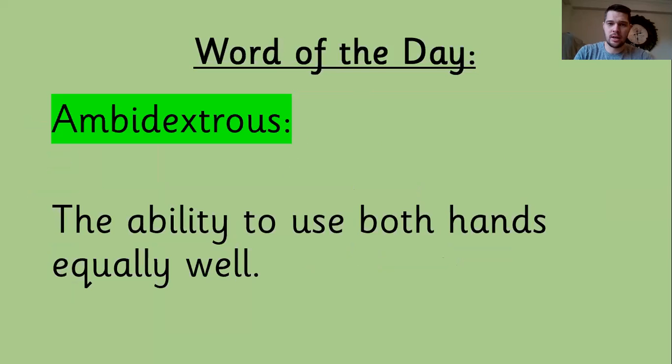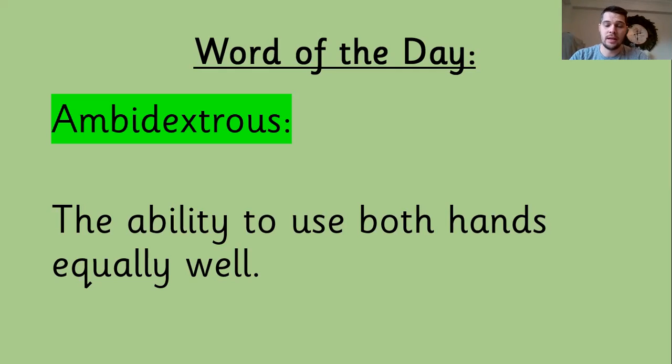Okay, so just as a quick starter, our word of the day, lots of long words this week actually, today is ambidextrous. Ambidextrous. The prefix ambi refers to anything to do with both. So if you ever see ambi at the beginning of a word, typically always it means both. Okay?